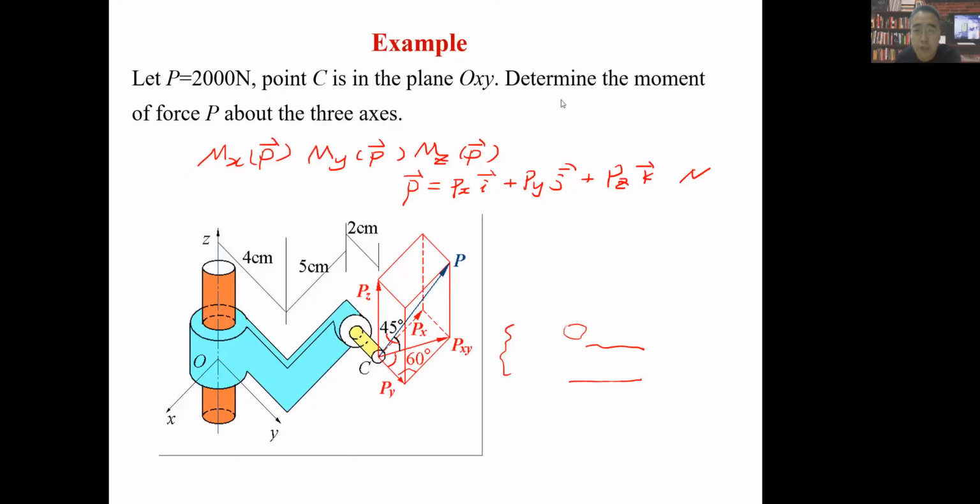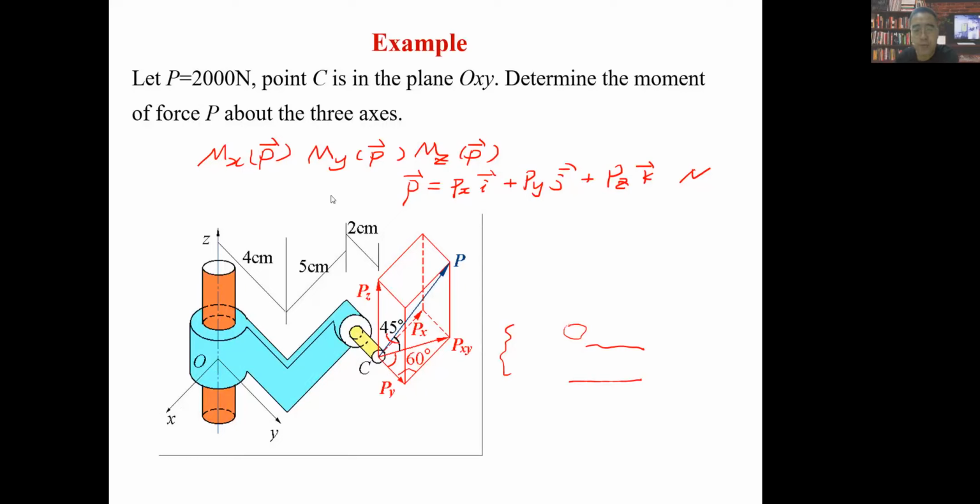So it asks us to determine the moment of force P about the three axes. Mainly it helps us calculate a force's moment about some axis.